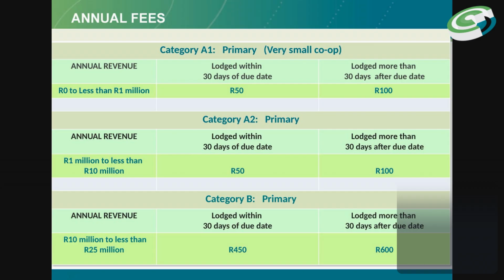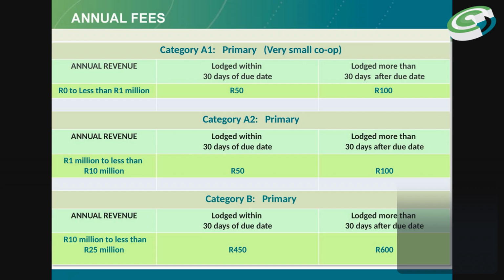If they lodge after the due date, the penalty will be added. That will be 100 Rand. Then moving on, category A2, which is also primary, the revenue from 1 million to less than 10 million, if lodged within the due date, is 50 Rand. After the due date, 100 Rand.